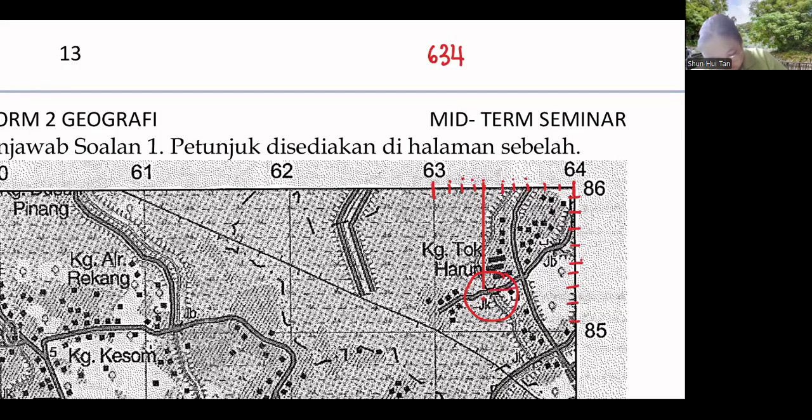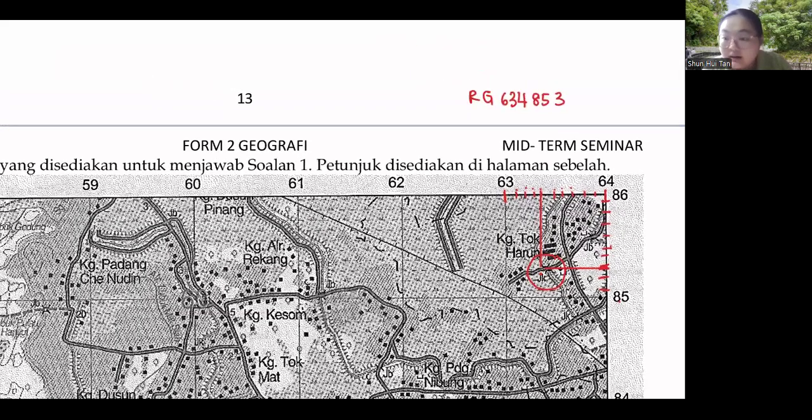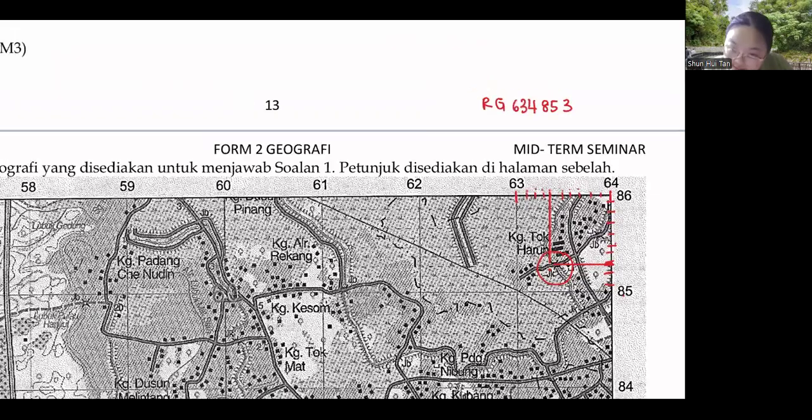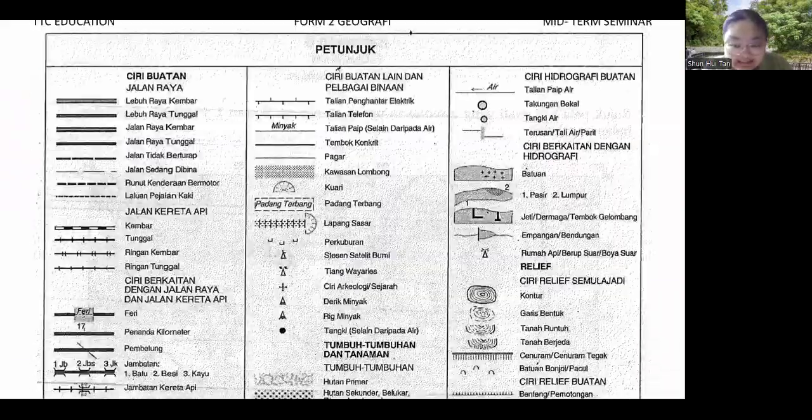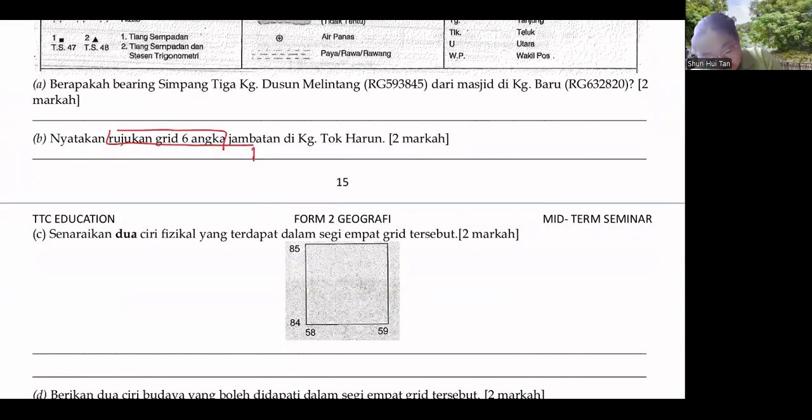So 1, 2. You measure, right? 55.1, 2, 3. So 55.3. You put an RG in front. And this is how you get your 6 angka rujukan grid. Then you gain 2 marks. You just write it down. RG 634553. And then you will find it's a similar question again.